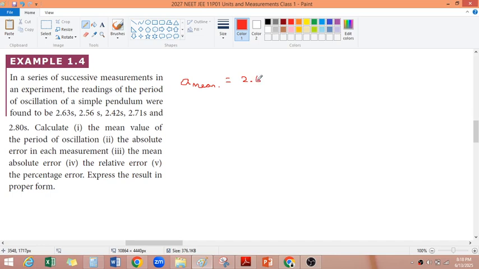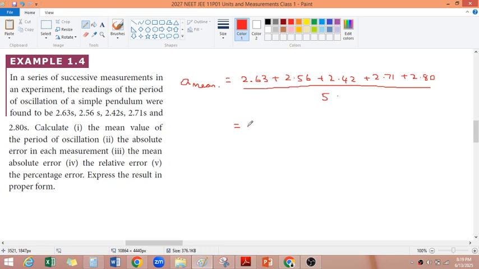So it means 2.63 plus 2.56 plus 2.42 plus 2.71 plus 2.80 divided by 5. So that is going to be your mean or average. Quickly try this. 2.63 plus 2.56 plus 2.42 plus 2.71 plus 2.8.